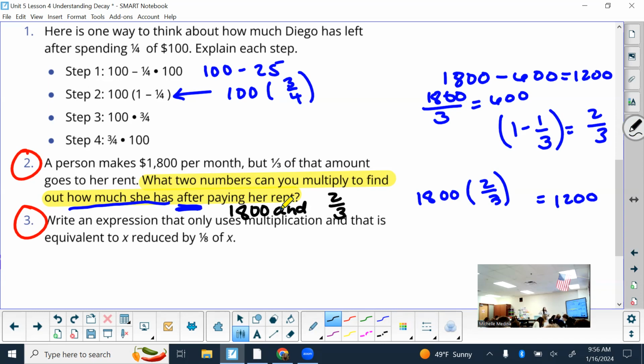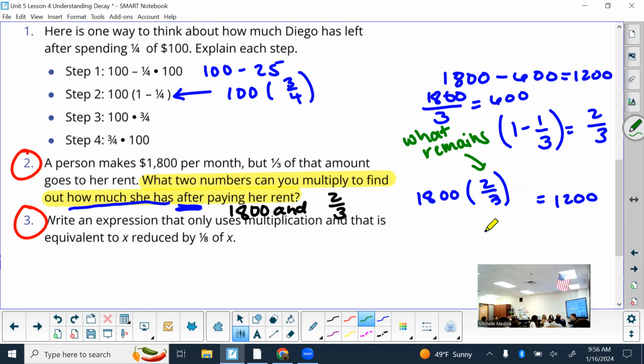Our exponential functions only have multiplication in them, not necessarily subtraction. So you have to be able to multiply by what remains. This is what remains after she's paid her rent. That's what I multiply by to get the next answers if I wanted more answers than that.